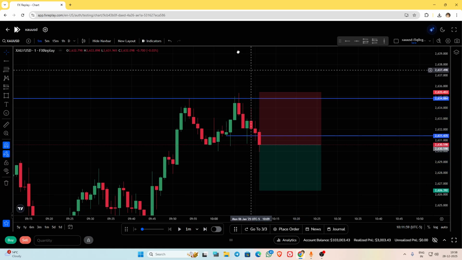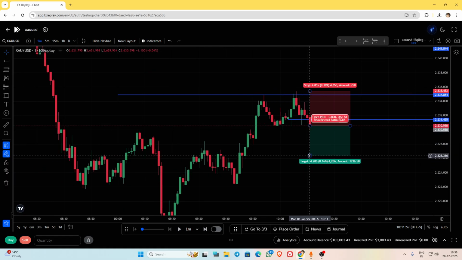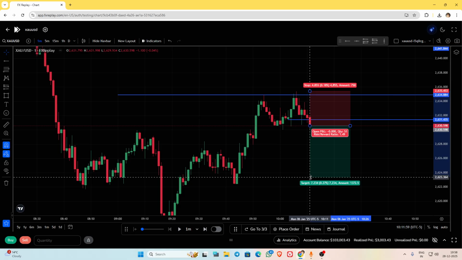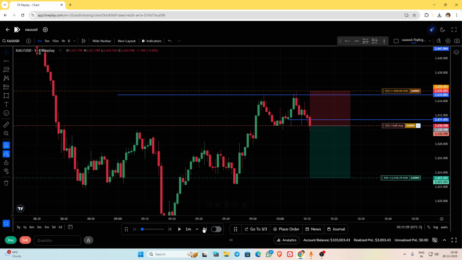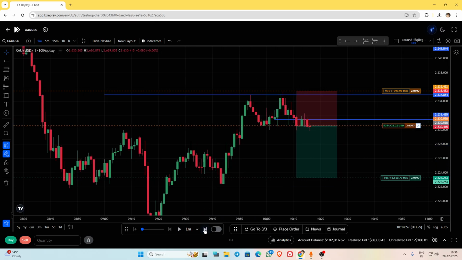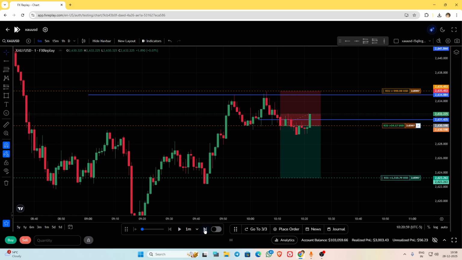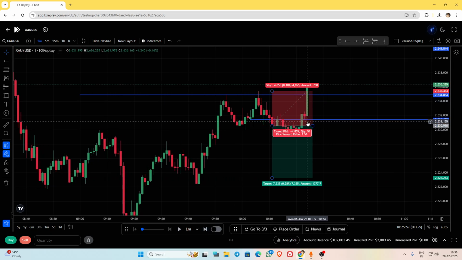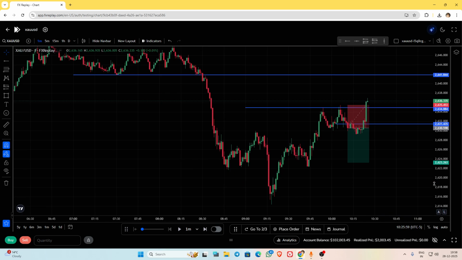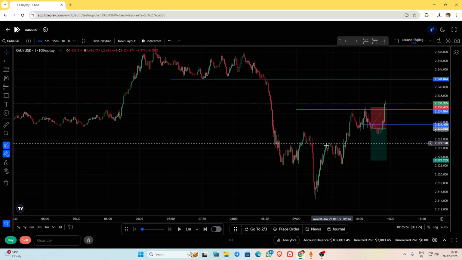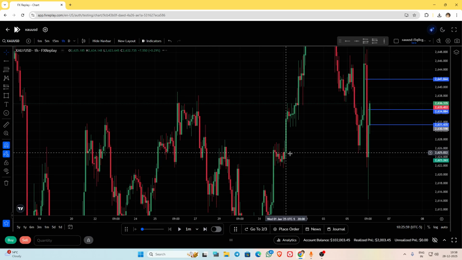Enter here, targeting 1.5 hour. That's it. Place the trade, 1% risk. We are in the trade and our stop loss is hit. Let's move to the next trade.